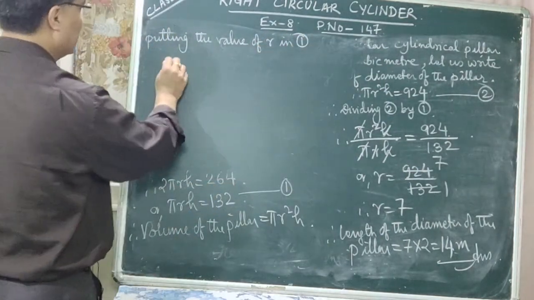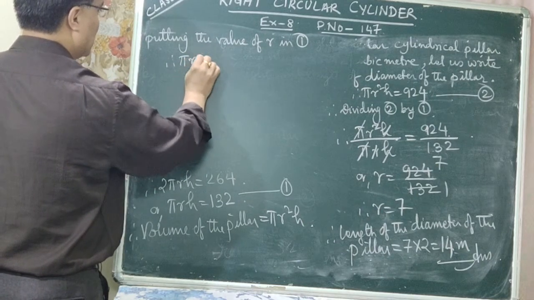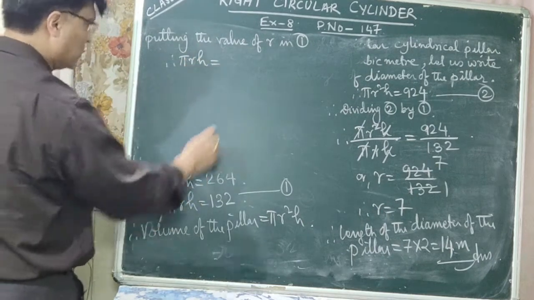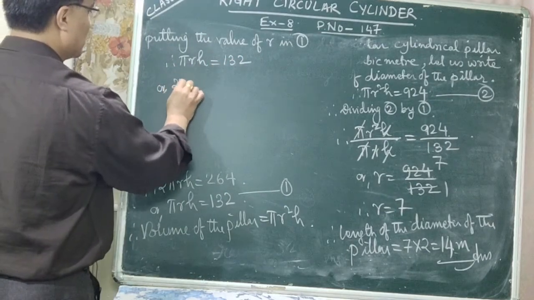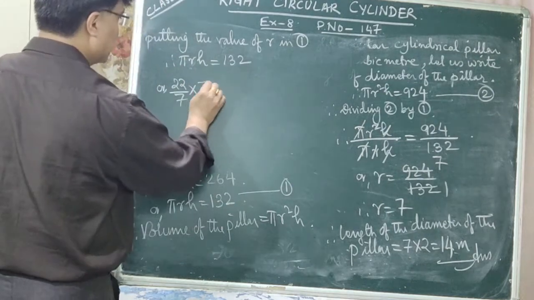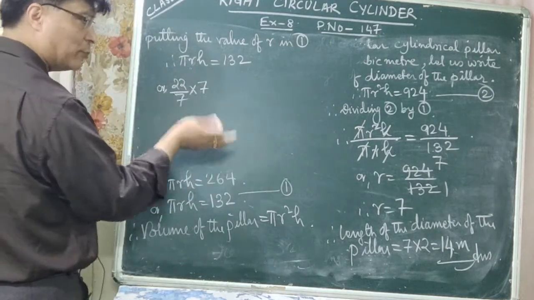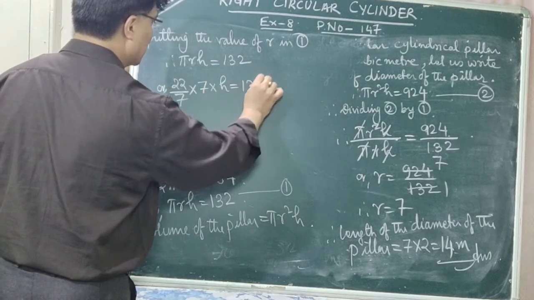What is number 1 here? Number 1 is pi r h is equal to 132. Now pi means 22 by 7. And what is the radius here? Radius r is equal to 7. We are putting the value of r here, into h is equal to 132.